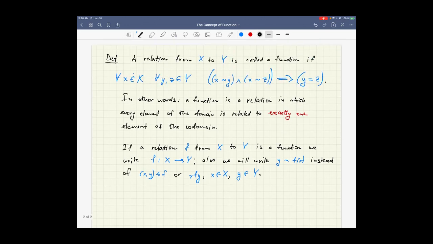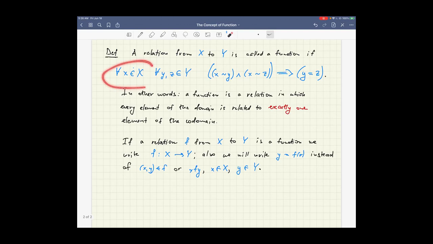And this condition above can be written slightly differently using this other notation.